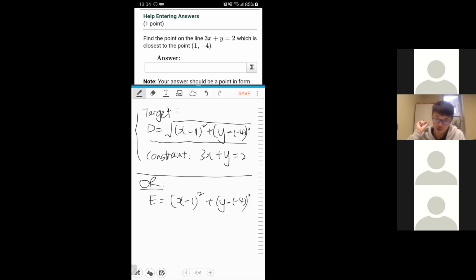So the short answer is, whatever minimizes the distance function should also minimize the function without a square root. This is always true. I don't want to go into the details, but the reason is the square root function is an increasing function. So for an increasing function like this, you can always do this.